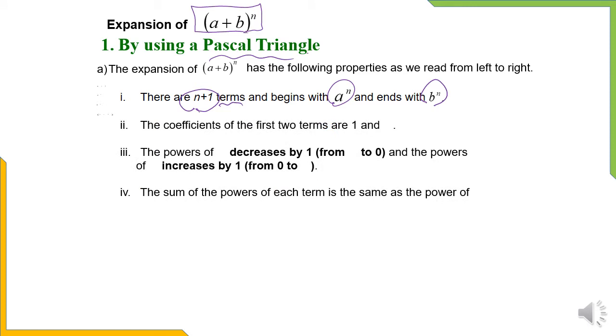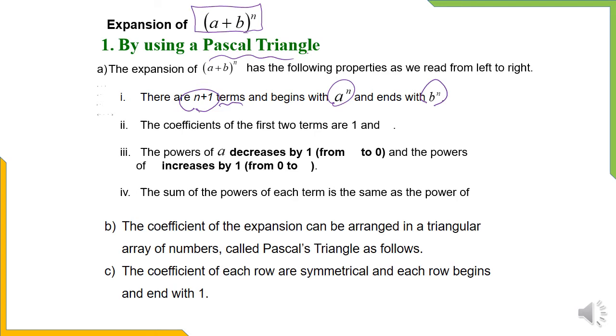And then the second property is that the coefficients of the first two terms are 1 and n. And then the power of a decreases by 1, which means that it will start from n and the last term should be power of 0.